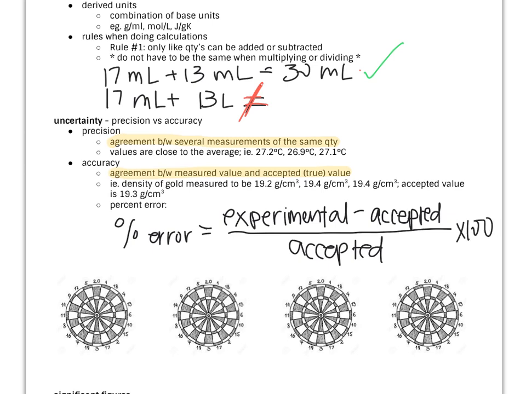Okay, so this number, the experimental number, is the one that you get, the one that you find. That's your value. And then the accepted one is given to you, normally by me. That way, you know what you get, you know what we were expecting to get, and you can see how accurate your answers were.